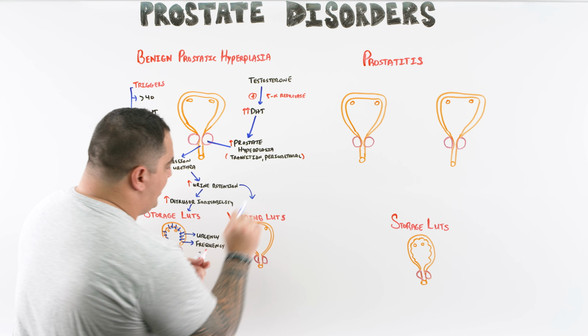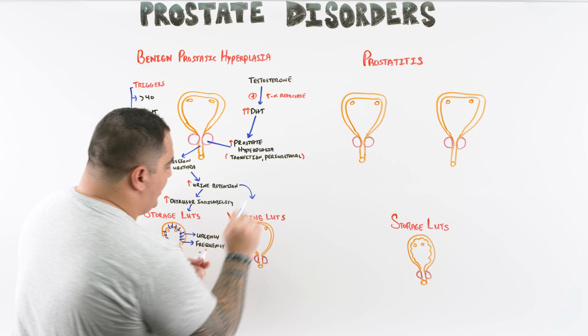So then you have to ask yourselves, what's causing this? Oftentimes the trigger for increased DHT is just aging. That's the sad part: as patients get above the age of 40, we start to see this particular change. The biggest thing is really increasing age, and then increasing DHT levels usually follow suit.